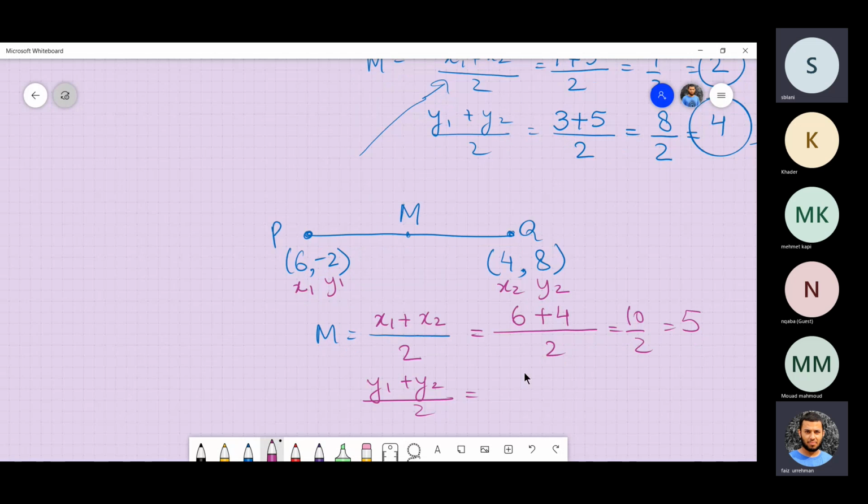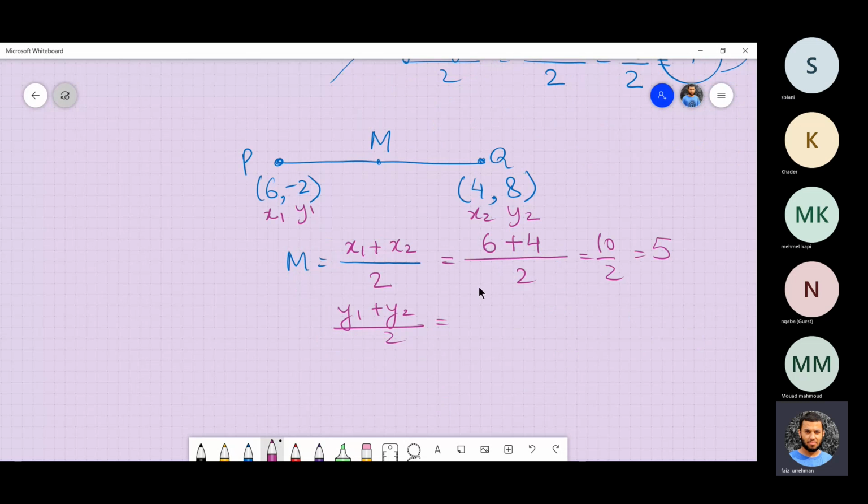Okay, now comes the negative part. So what is y1? -2. What is y2? 8, upon 2. Now, this is minus, this is plus.